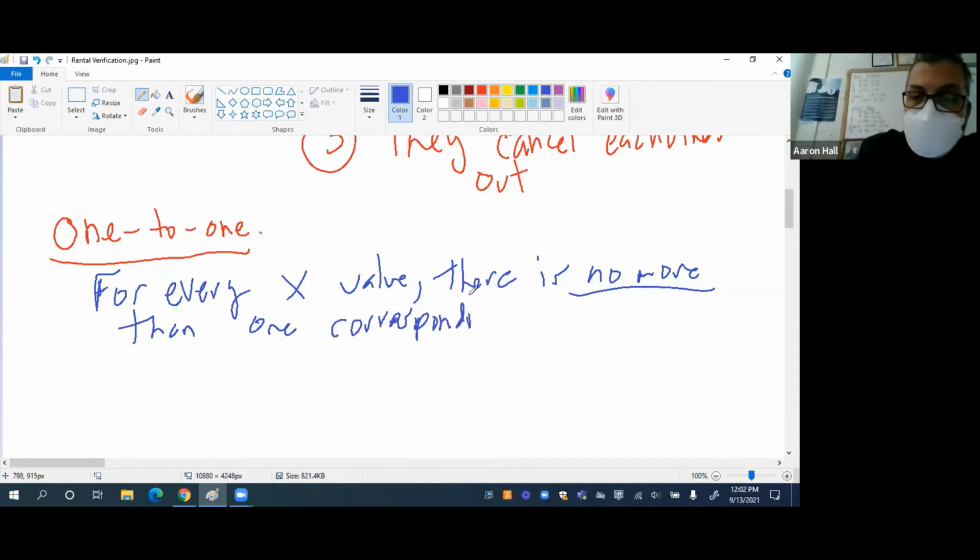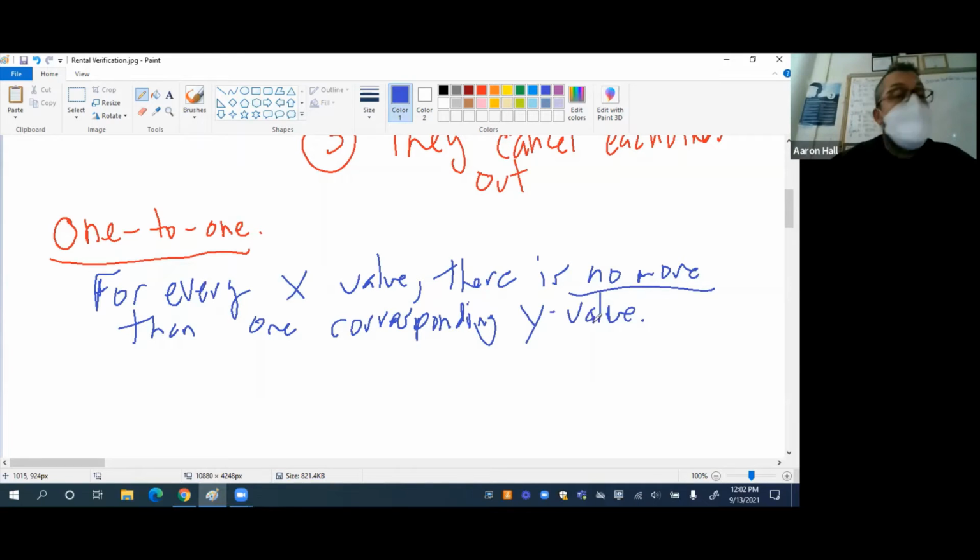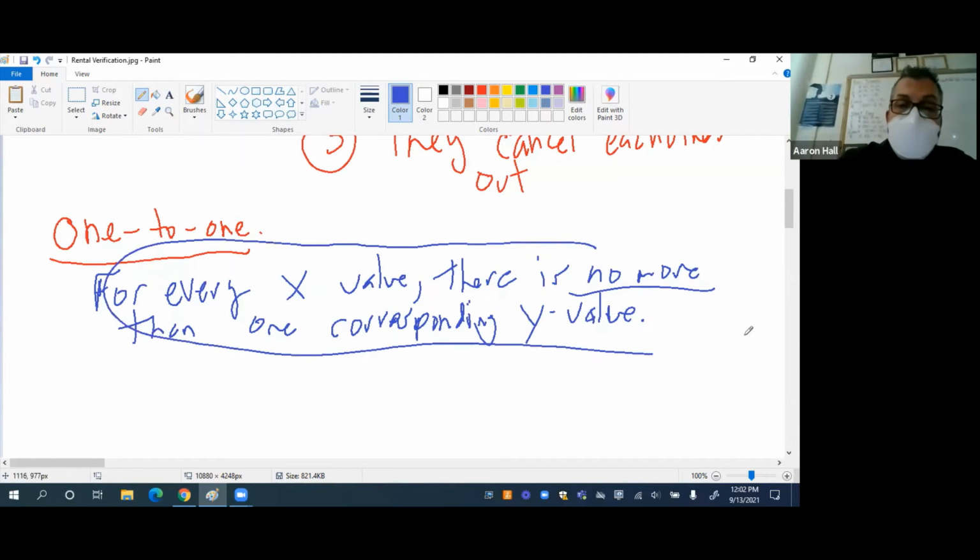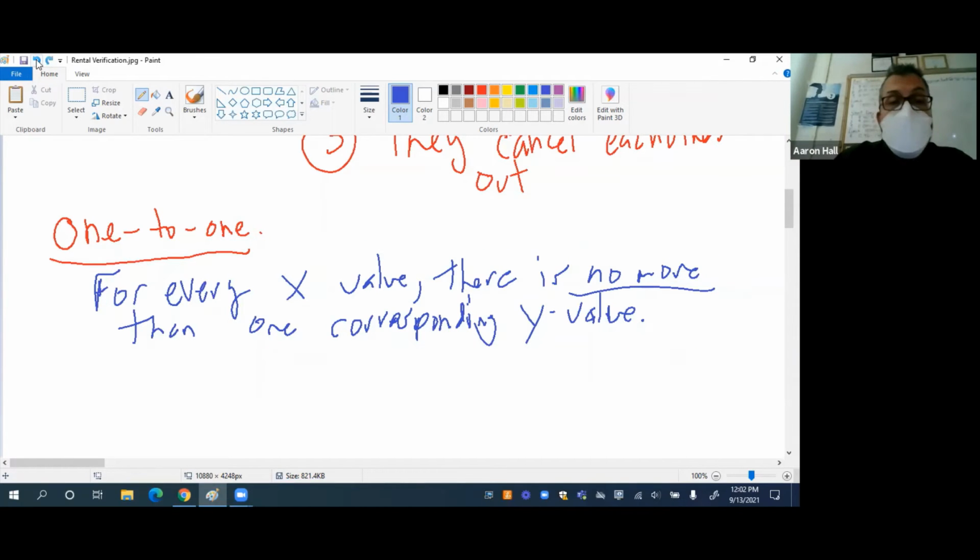That's how we define a function. Do you agree, Adam, that that's how we define a function? For every x value, how many y values do we have? There's just one. Now, when we have something that is considered one-to-one, then we go the same way the other way.